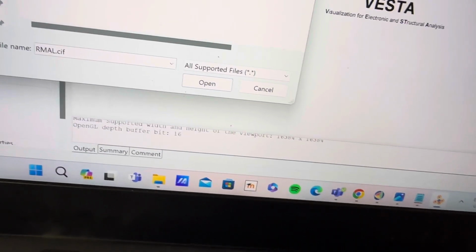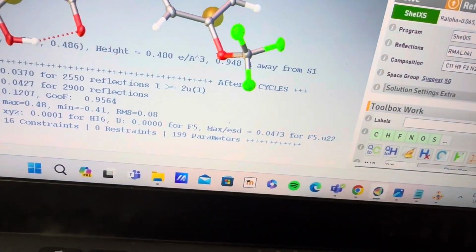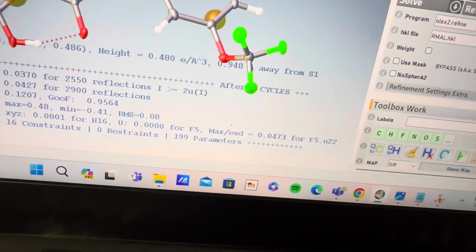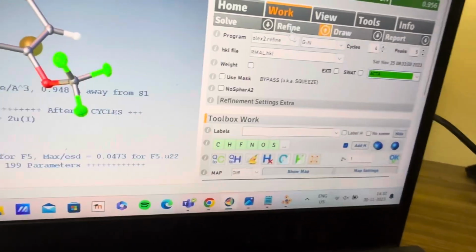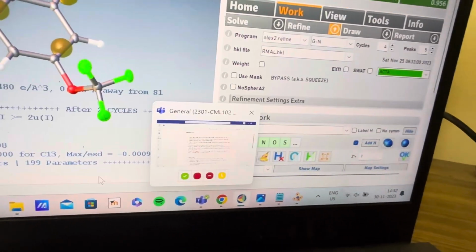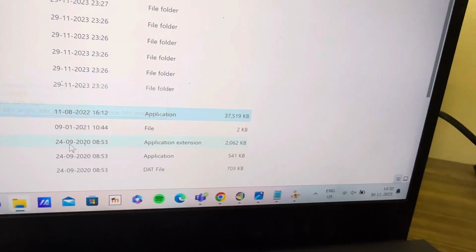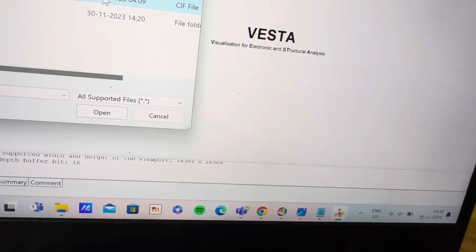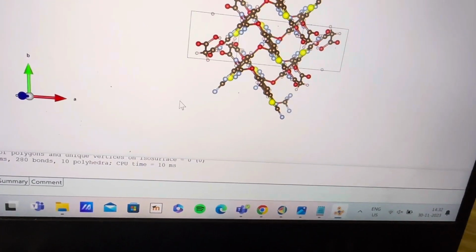As we can see here, a ZIP file appears after we refine it using the ACTA command here. That must have been the ZIP file for my previous construction.